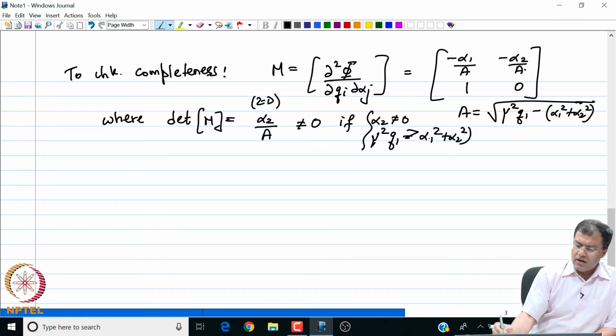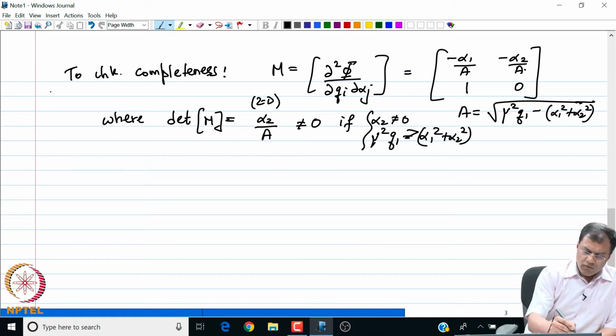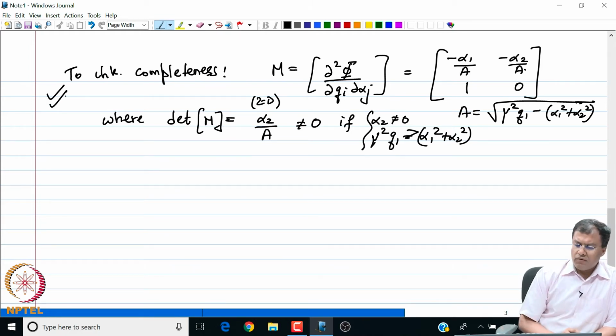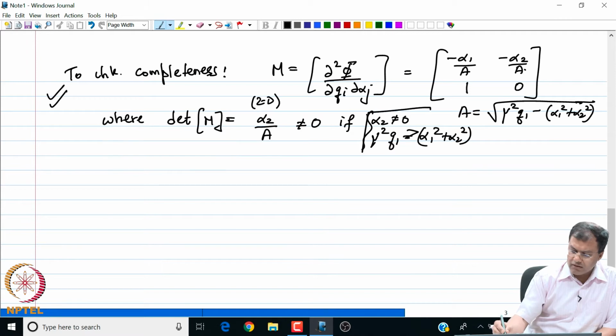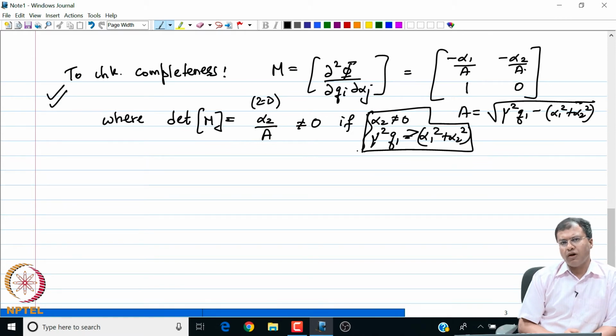We are talking about real valued solutions, so the square root should be well defined. Once we put these two sets of constraints, we can directly find our extremal solutions q1 and q2 from this generating function phi.